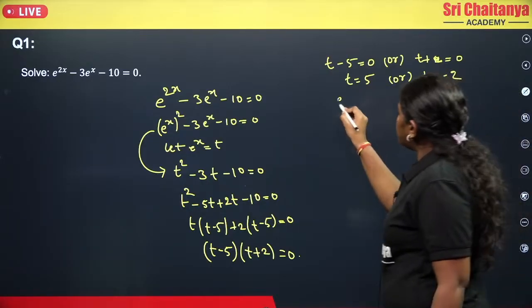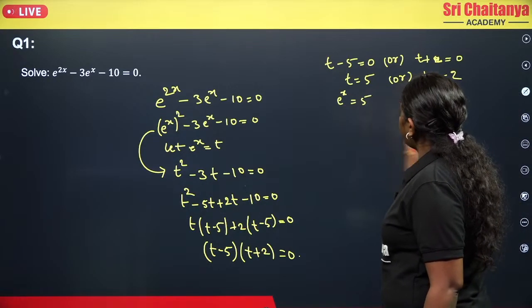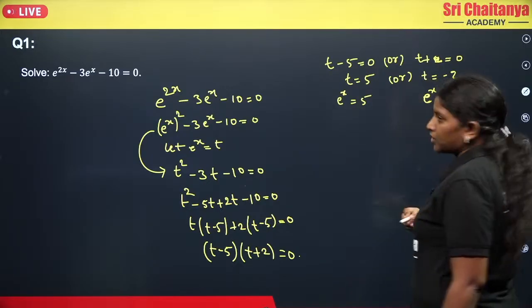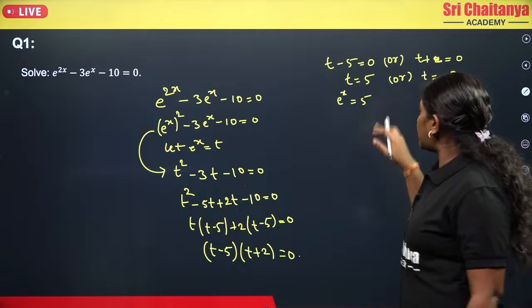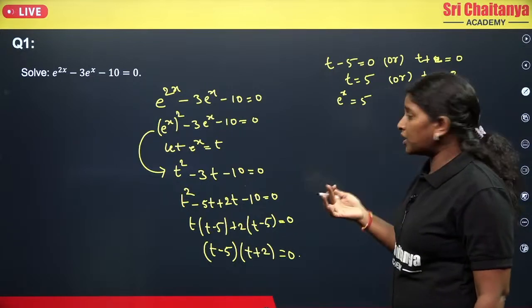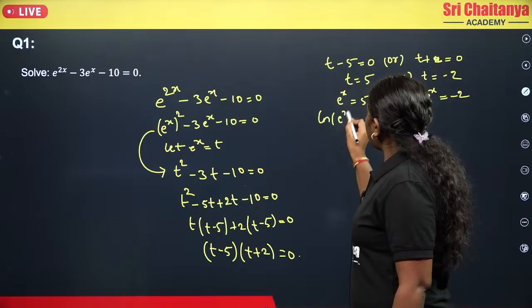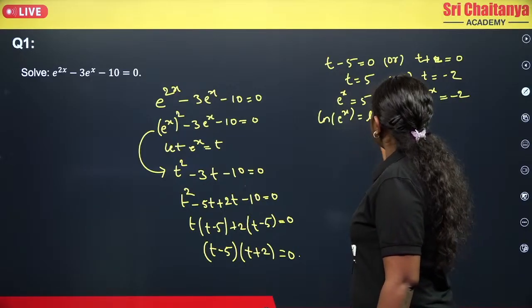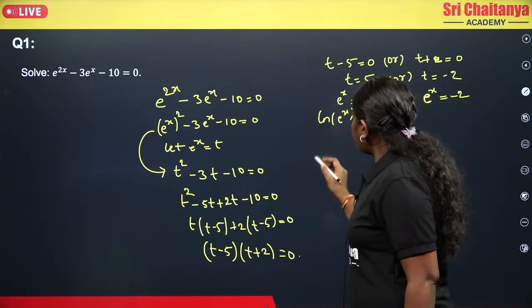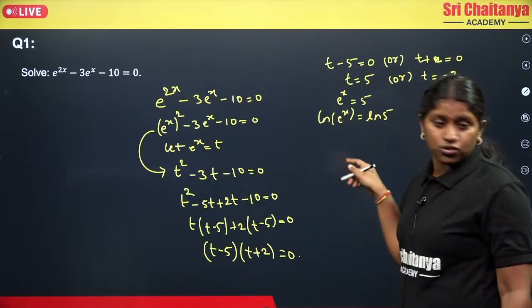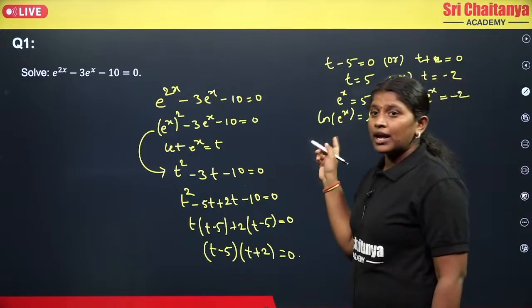So we have e to the power x equals 5 and e to the power x equals minus 2. Now here we have Euler's number, so we are just going to take ln. So ln e to the power x equals ln 5. If you apply it here, it is in the form of log x to the power m, so that becomes m log x.